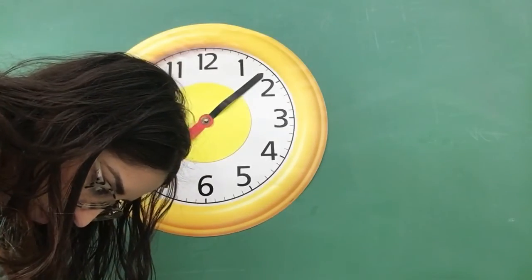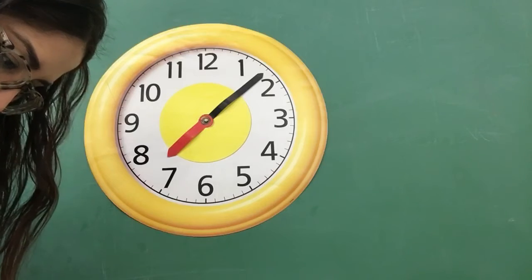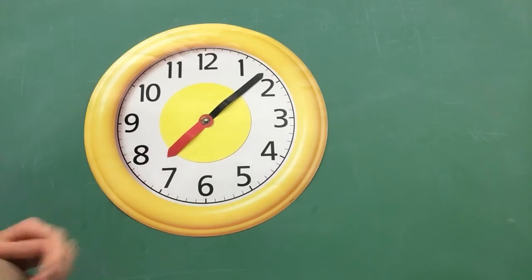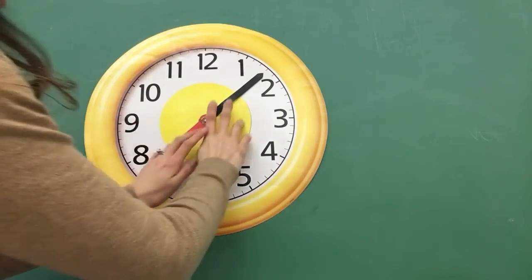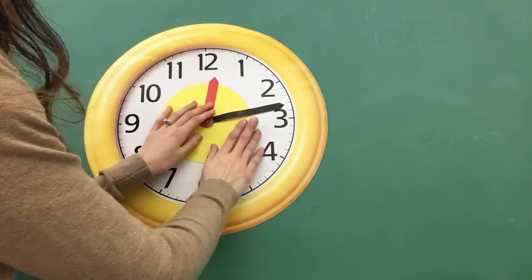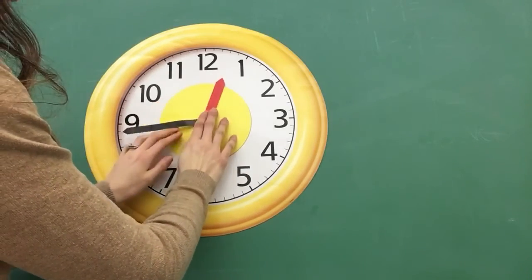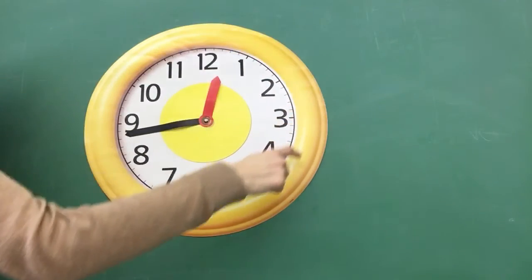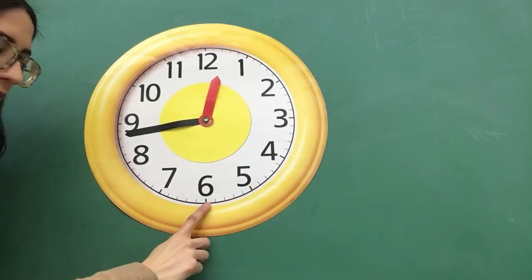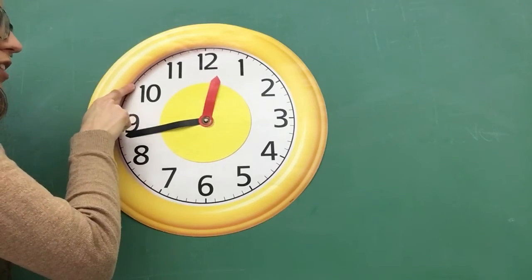Okay. Next one is 12:54. That's the last one. 12:54. So where's the 12? Where are we going to put the hour hand? Okay, very good. And then 54. Very good. We're going to move it all the way. Well, let's see. 5, 10, 15, 20, 25, 30, 35, 40, 45, 50.